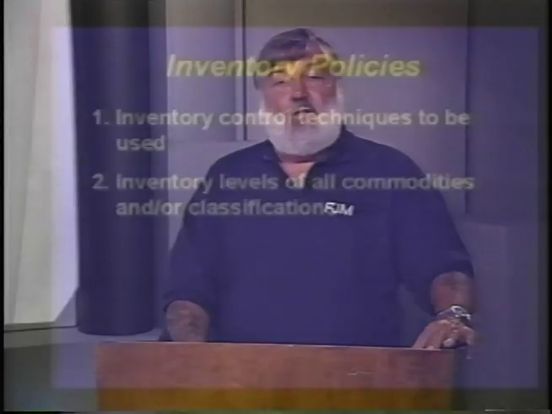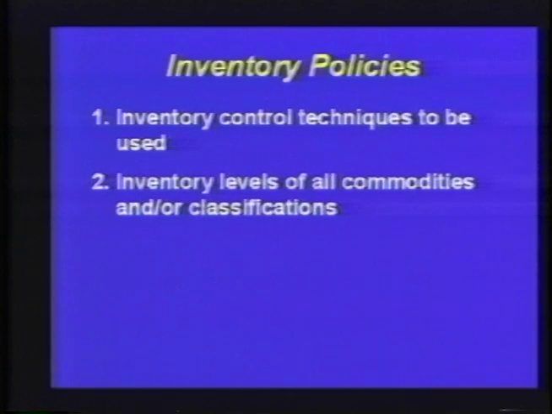Inventory control levels, if you will, of all commodities and or classifications. A commodity is a family of parts: bearings, AC motors versus DC motors, hardware type items, plumbing supply items, certain electrical products broken down into families.